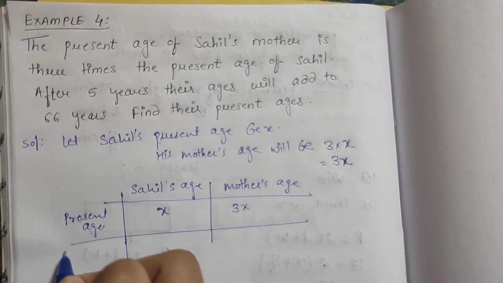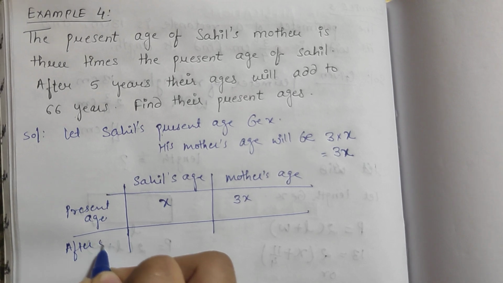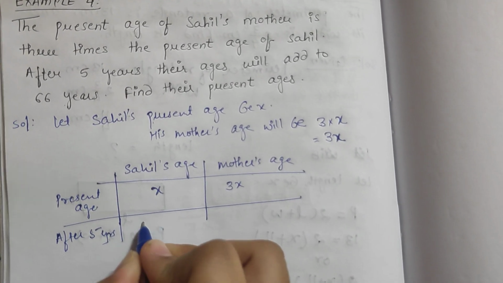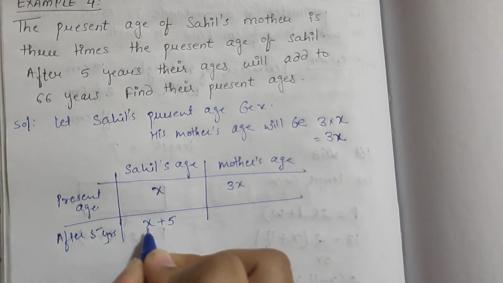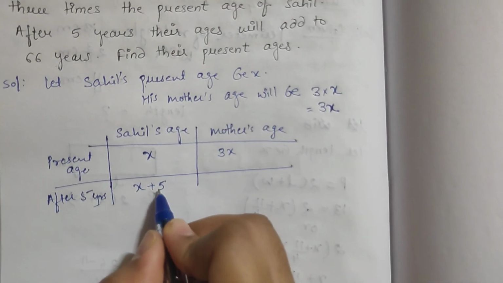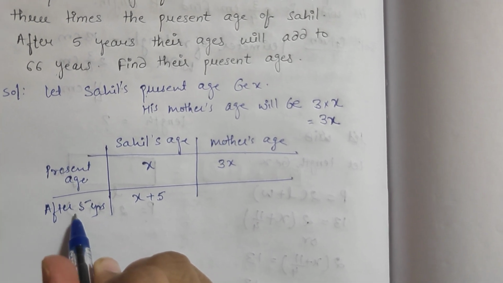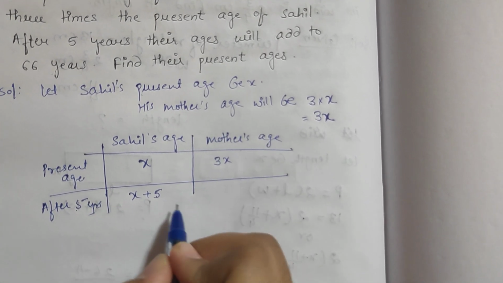Now after 5 years, what will be Sahil's age? It will be x plus 5. This is his present age, and 5 extra. Why? Because they have given that age after 5 years. So we have to add 5.